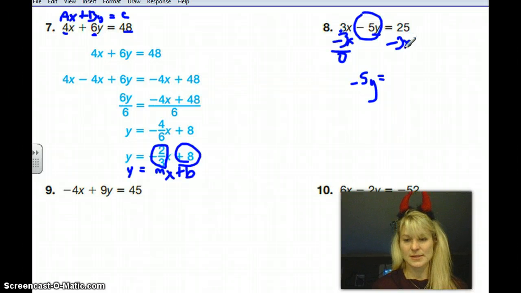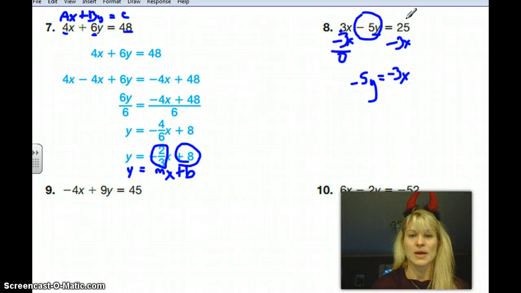And as we've discussed in class, these are not like terms. If this 25 had an x next to it, then I could subtract these, but they don't. So, and I want it into slope-intercept form, so I just write negative 3x, because I know the number before the x, the coefficient, is the slope. And this is a positive 25, so this is going to do plus 25.